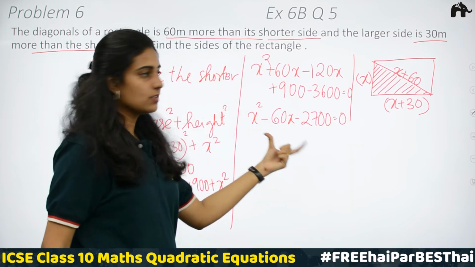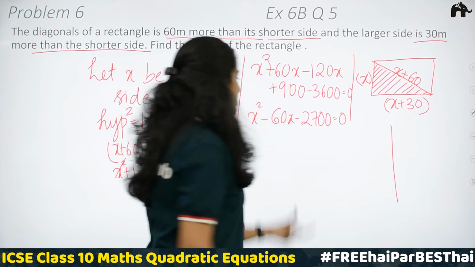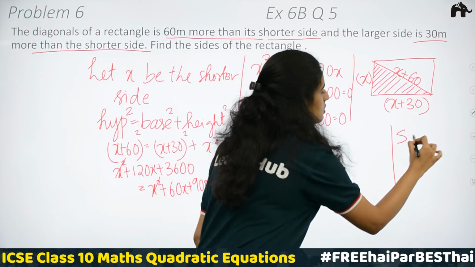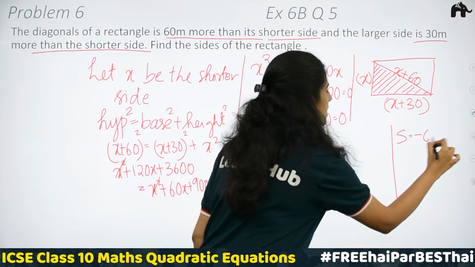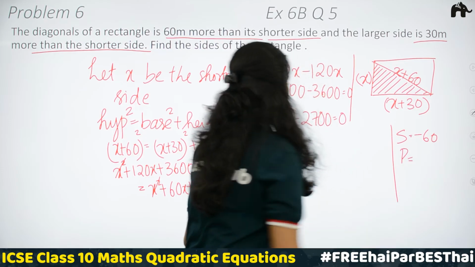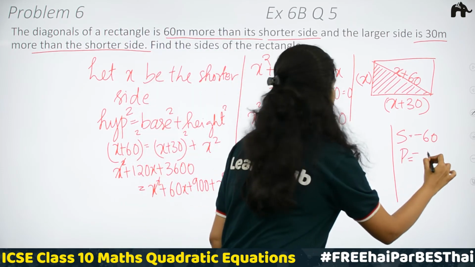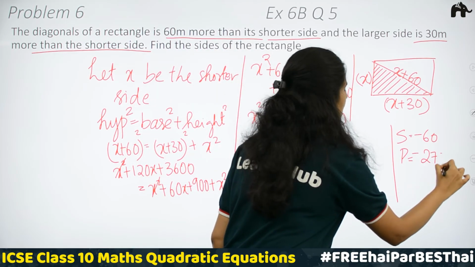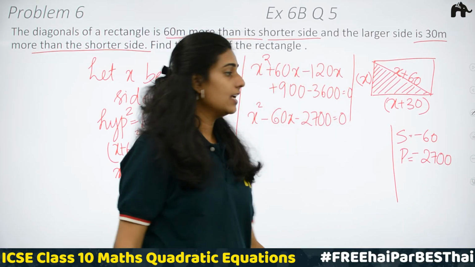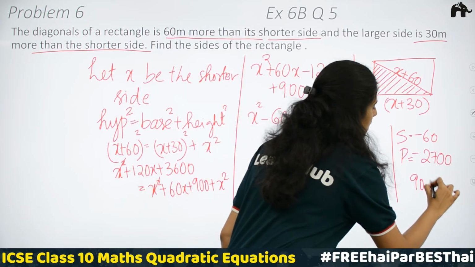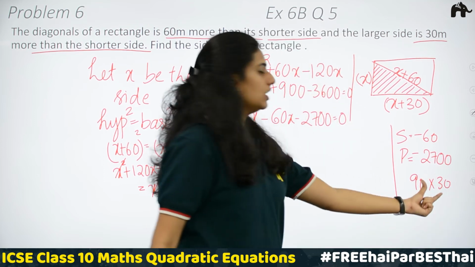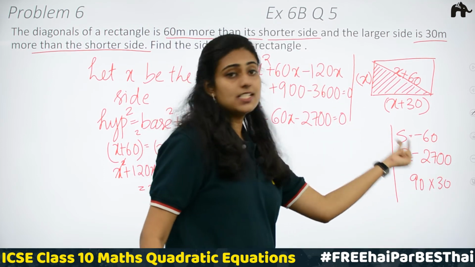We can solve this. We have to factorize this. For that, the sum of the numbers chosen should be equal to minus 60 and the product of numbers should be equal to minus 2700. Okay. Here 90 into 30. 90 into 30 is 2700. The product is negative.